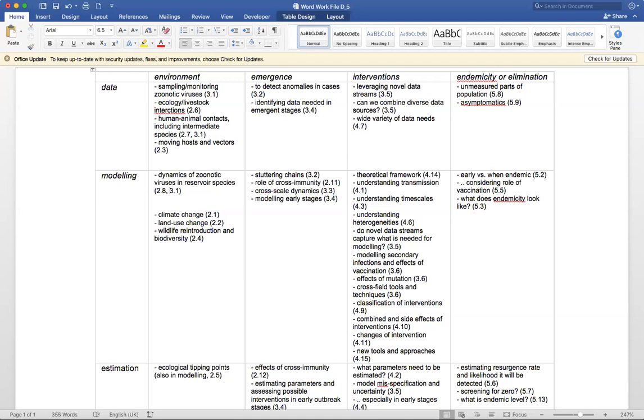I was thinking that the last ones could be subsumed under the rest, because they don't really fit. The antibiotic, yes. And the antibiotic resistance is still under 2.6 really. It's for livestock interactions. Yeah.